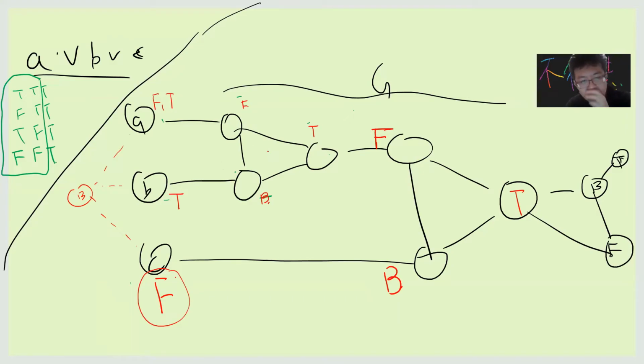Okay, and if I exchange this to be B and F, so in this case, I can generate FTF and TTF. Okay, sorry, I'm confused.